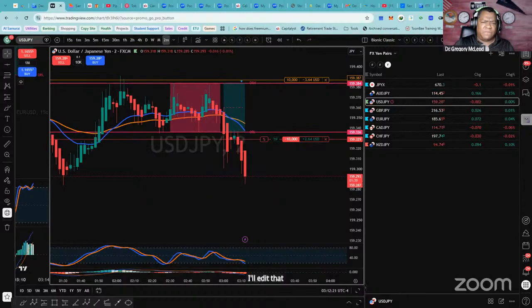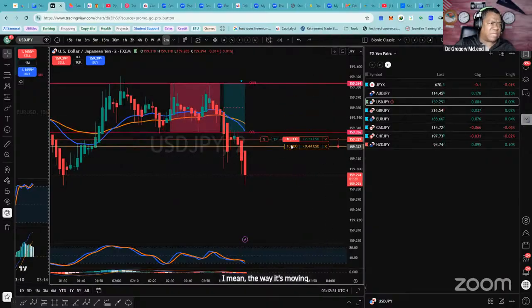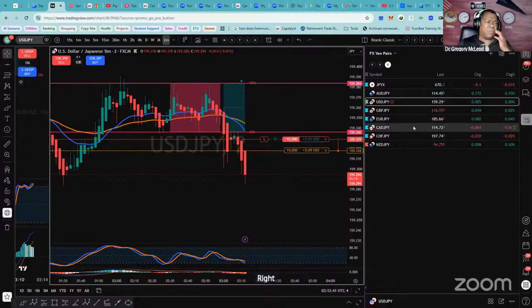Enter that in my MT4 account. And so that's our trade. The way it's moving, we can even move our stop and lock in like 50 cents or $1. We have a risk-free trade, right? We have a risk-free trade.